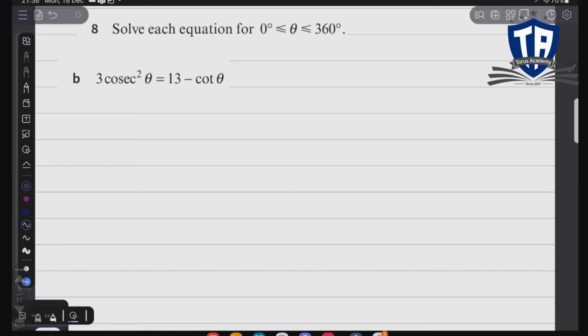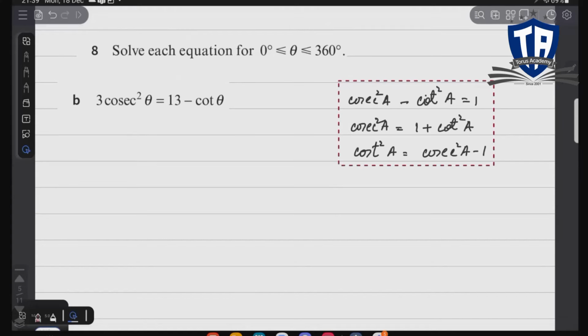So we'll try to convert this equation into one function, either in the form of cosecant or in the form of cot. But if we recall the identities, all the identities are in the form of squares. These are the identities, and you can find them on your formula sheet.